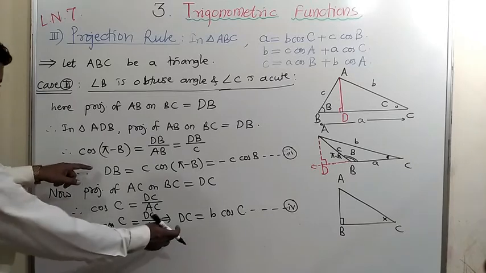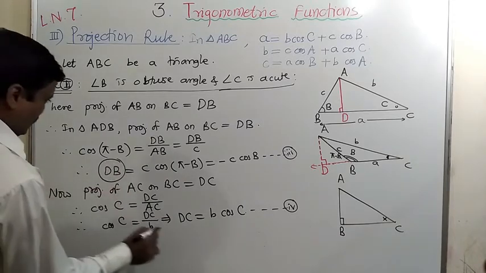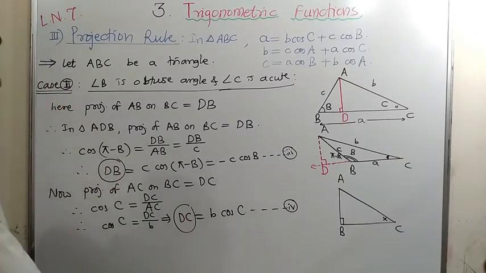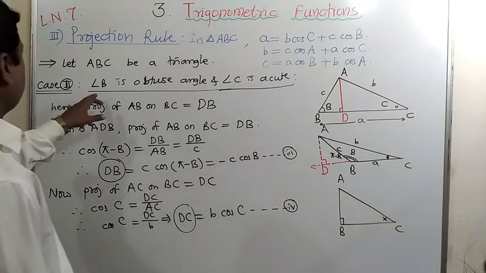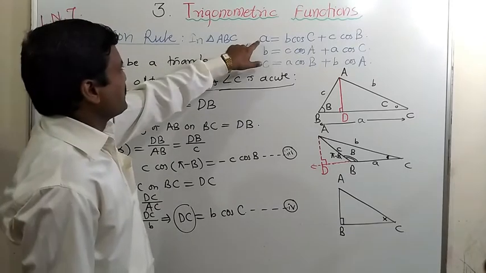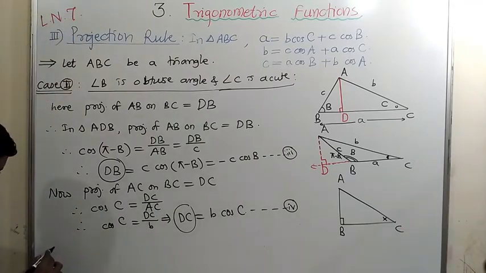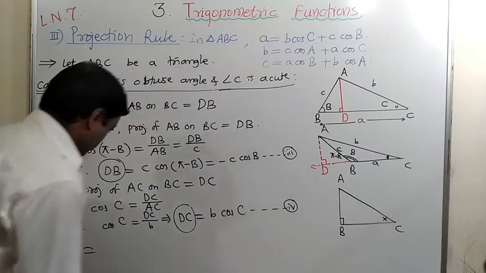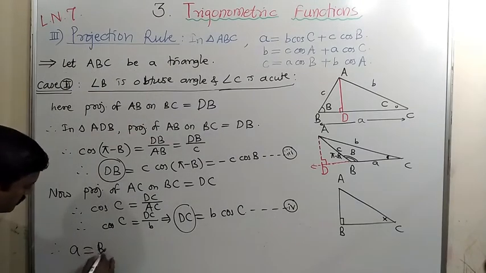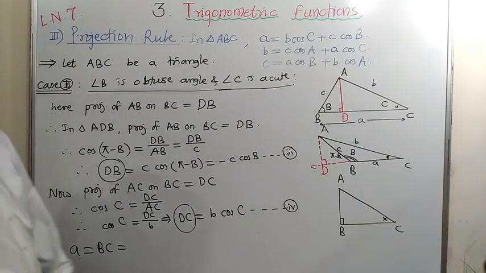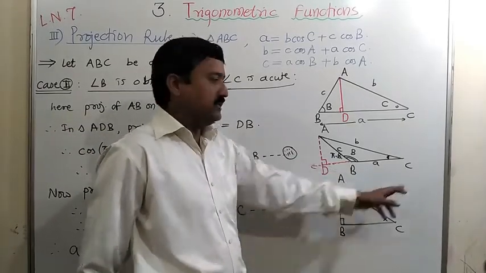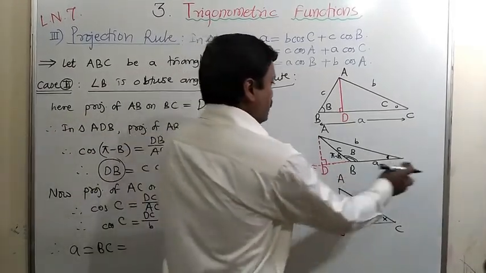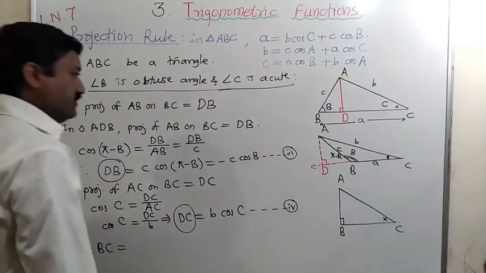Therefore, from these two, we now know about DB and DC. What we want is the result about small a. What is a? Here a is nothing but the length of side BC. And as B, D, C are collinear, BC is equal to DC minus DB.